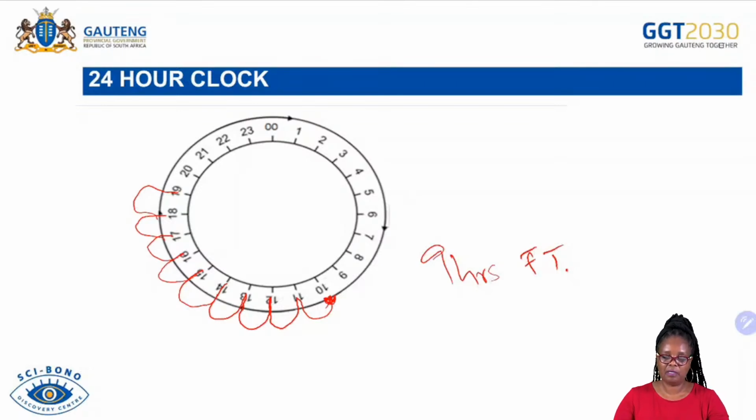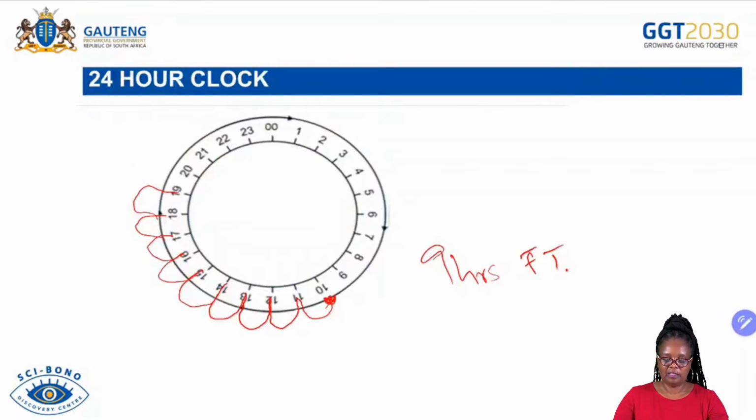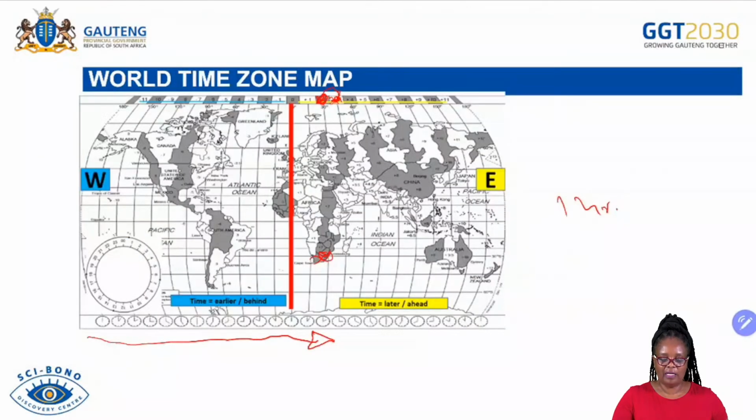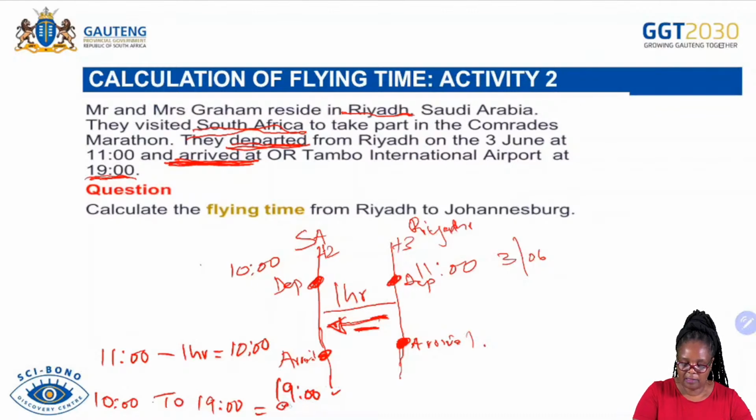So calculating flying time is very simple. You just need to start afresh, start with the basic calculation. If you start with basic calculations, you will be able to master this. So it is 9 hours flying time.